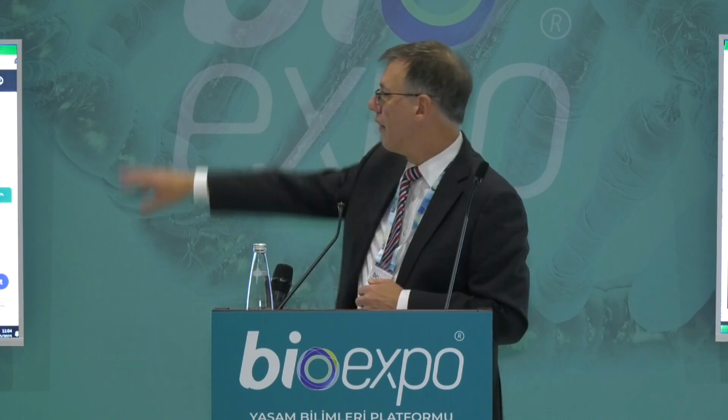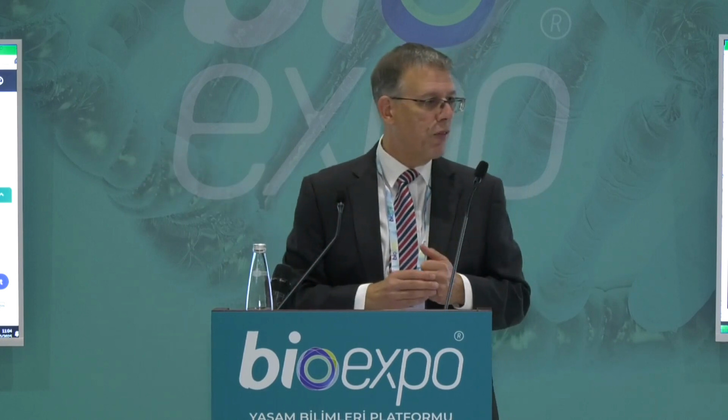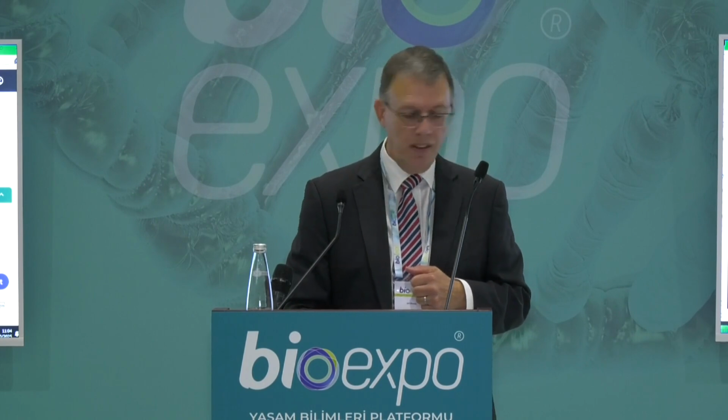I'm going to look at the indication, I'm going to type in diabetes, and let's take type 2 diabetes. So what is this telling me? Well, there's a number at the top, hopefully it's big enough for you to see. We've got 2,125 drugs in type 2 diabetes. Okay. A lot of drugs.